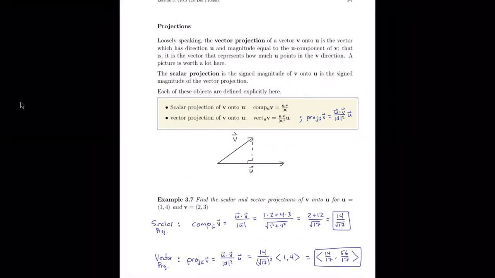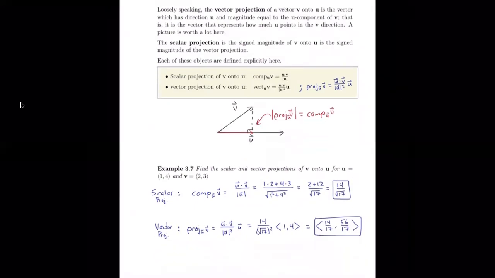And we would draw in this vector here, and that vector would be the projection of v onto u. Now its magnitude is the scalar projection of v onto u. Okay, so that's the picture for the situation.